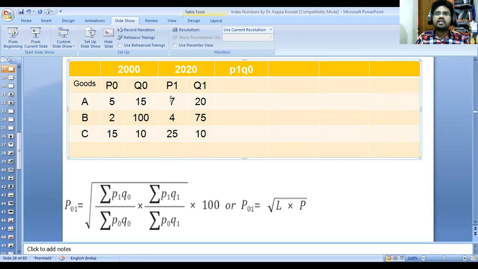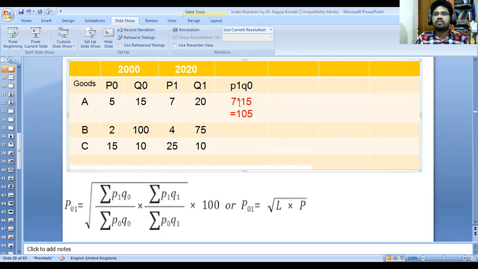What is the P1 here? It's 7, right? So P1 is 7 into Q0, which is 15. 7 into 15 is 105, right?